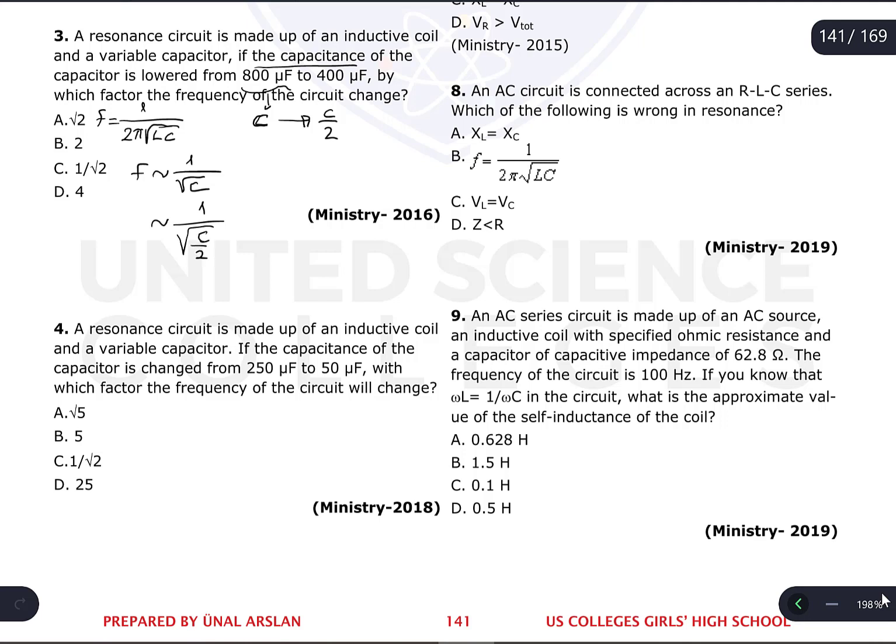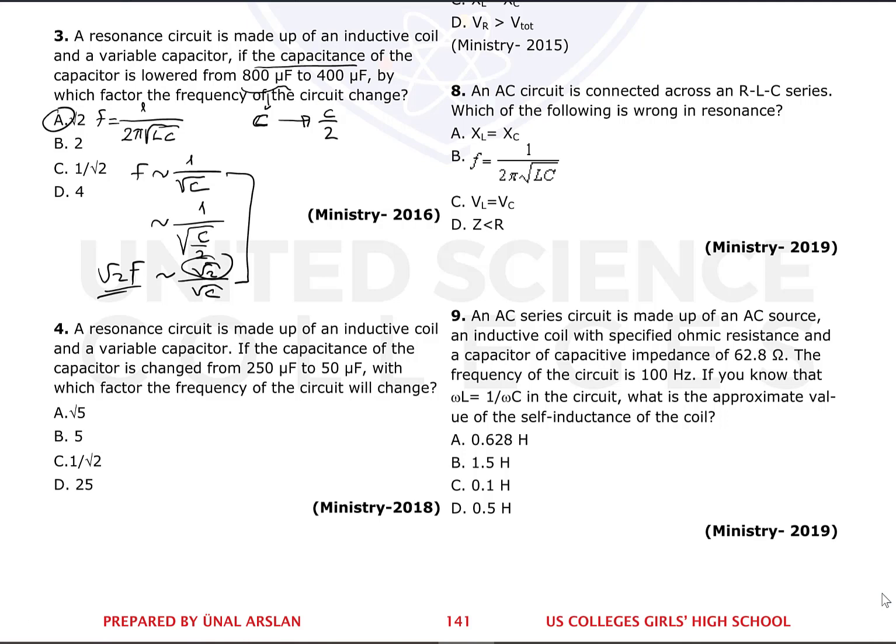So this must change to this because it's inside the root. This root 2 flips up and it becomes root 2 divided by root C. So if I compare initial and final cases, I will observe that it is multiplied by root of 2. So f changes by root of 2. Answer is going to be root of 2.